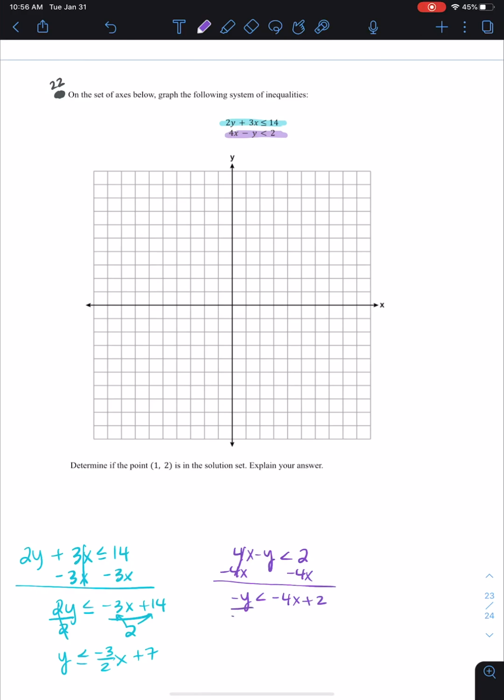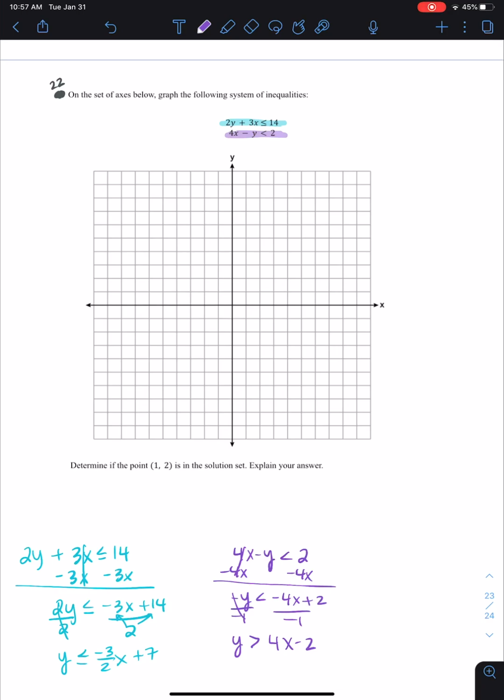Now we need to divide by negative 1 on both sides to get rid of the negative. When we divide or multiply by a negative, remember the sign changes direction. So instead of being less than, it's now greater than: y is greater than 4x minus 2. In the blue equation, the sign didn't change because we divided by a positive, but in the purple equation we divided by a negative, so it changed.